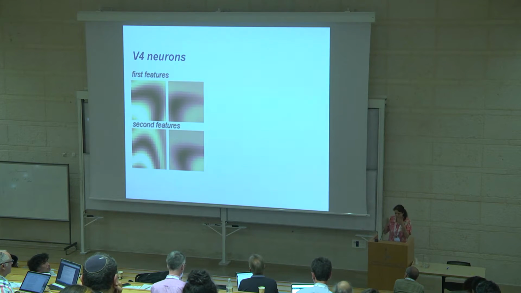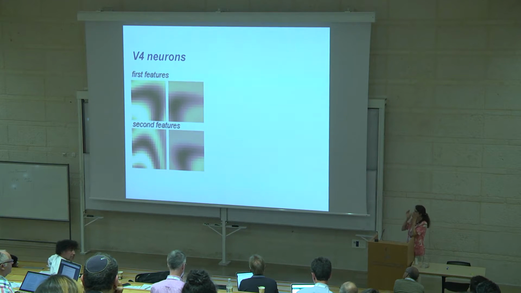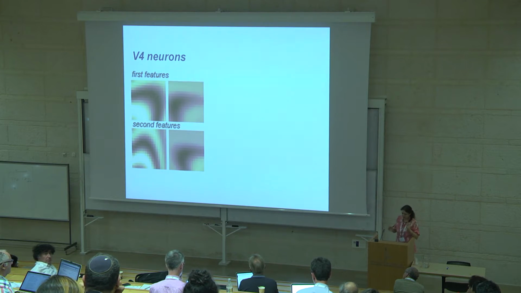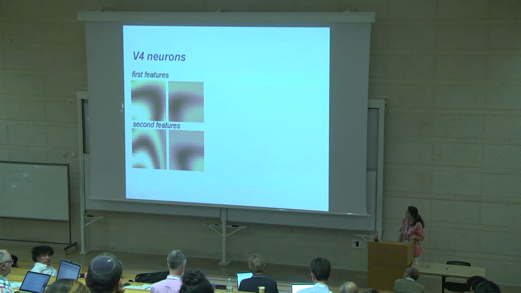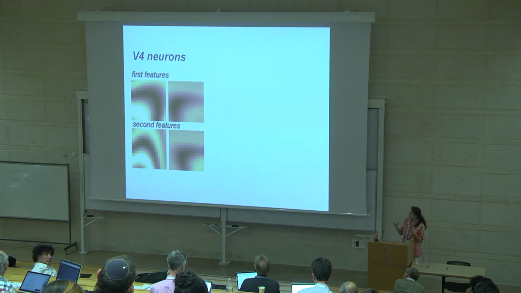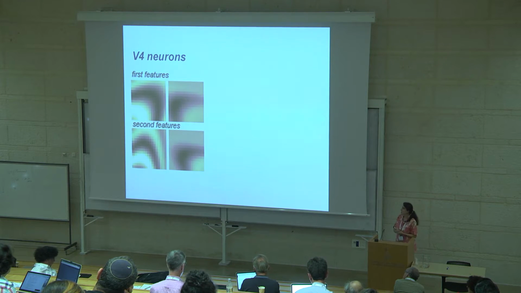So what were these 2 features? This is the result for real neurons. For 2 V4 neurons, this is the first feature, the maximally informative feature, and then the second feature, the second maximally informative feature. And this is the result of the curved Gabor fit to the pattern that was reconstructed from neural responses to natural stimuli. So this is neuron 1, one column, neuron 2, another column.